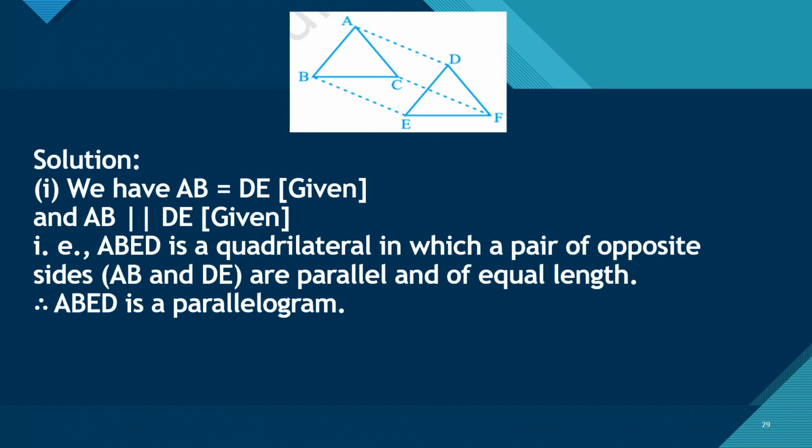And this is the diagram for that question, and the solution is we have AB equal to DE, that is given, and AB is parallel to DE, that is given also. So ABED is a quadrilateral in which a pair of opposite sides AB and DE are parallel and of equal length. So ABED is a parallelogram.